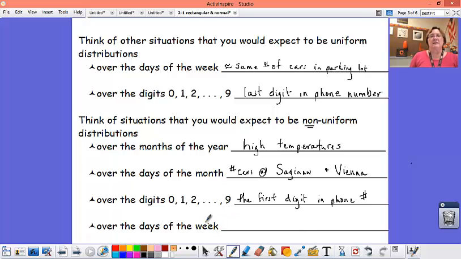Over the days of the week, now we're talking Monday through Friday, things that you might expect to be non-uniform. I'll tell you one thing: I have noticed the number of students who stay after school is significantly less on Friday than other days. So over the days of the week, the number of students who stay after school is not uniform.